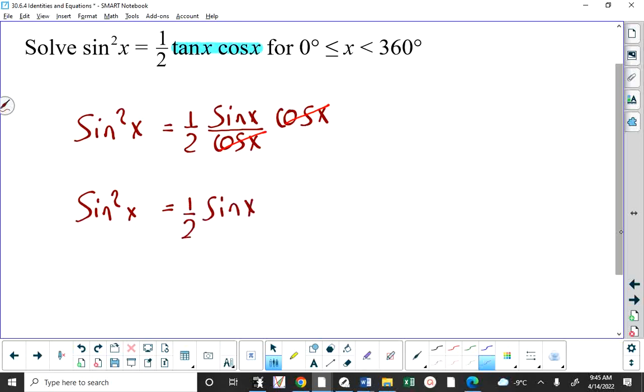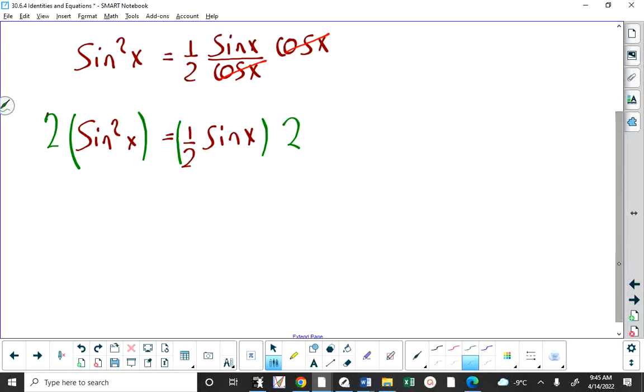I would immediately say, man, I don't really want to work with fractions unless I have to. So I would multiply both sides of this equation by 2 and get 2 sine squared of x equals sine of x.